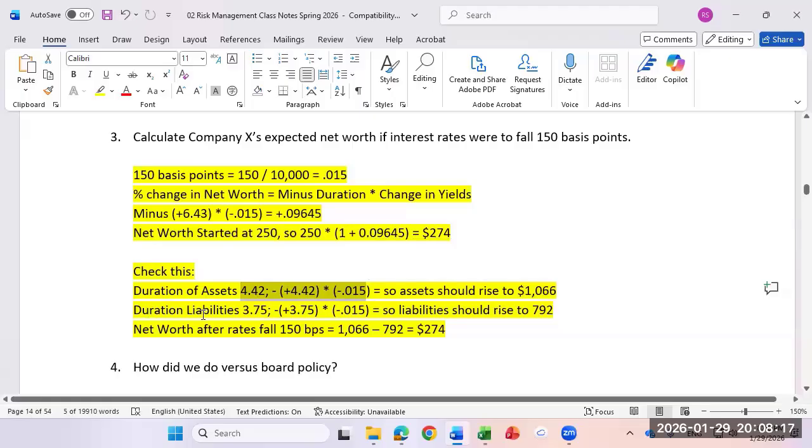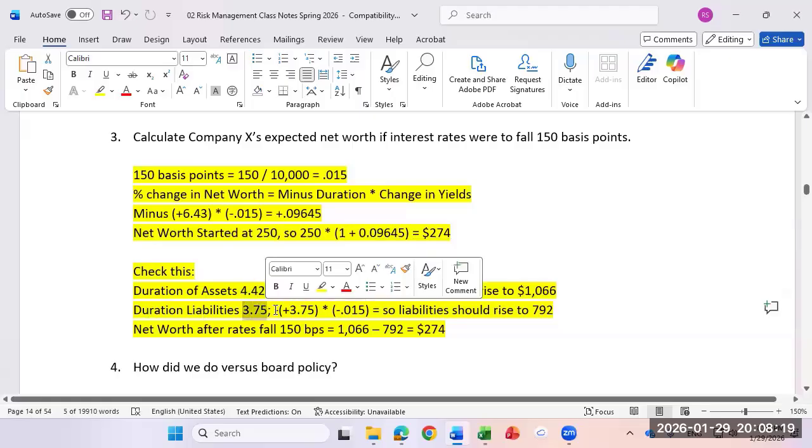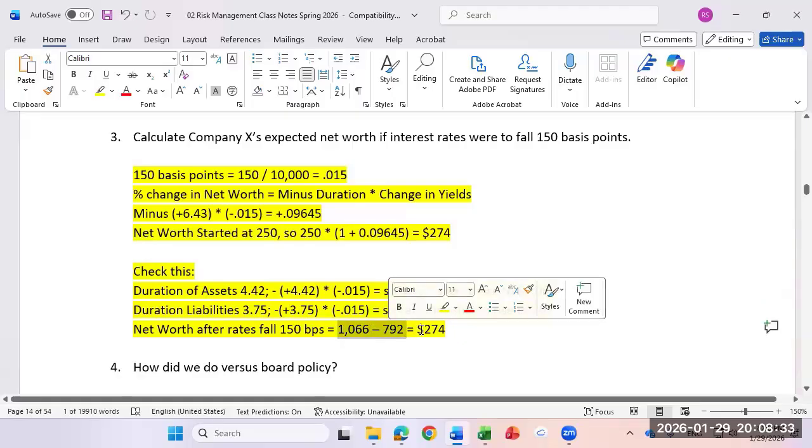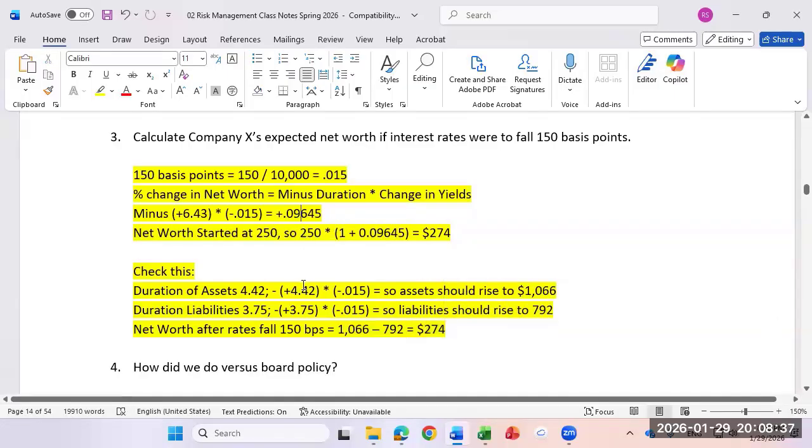What would your liabilities do? Your liabilities have a duration of 375. So minus 375 times minus 1.5. Your liabilities would go up. They'd rise from 750 to 792. So your net worth would change from 250 to 274, which is exactly that 9.645%.